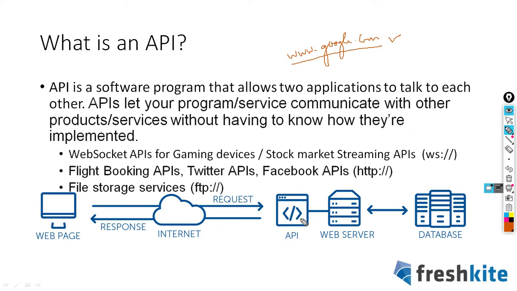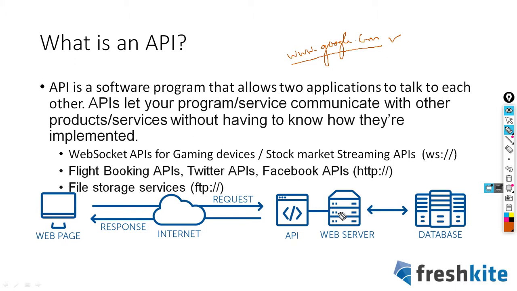So an API is nothing but a function running in a web server, which you call from a remote PC through the HTTP protocol, and it does some work for you.